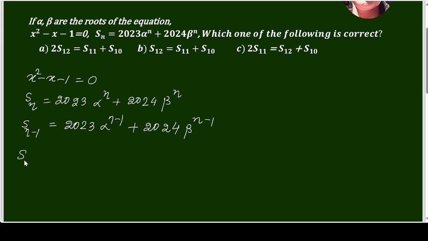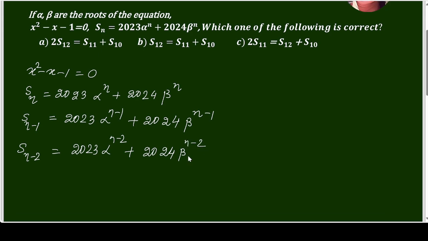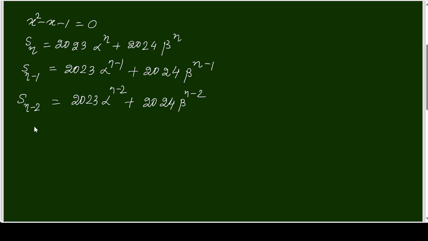In the same way, if I take sum of n minus 2 terms, it will be 2023 alpha to the power n minus 2 plus 2024 beta to the power n minus 2. Now next, let us add these two terms.